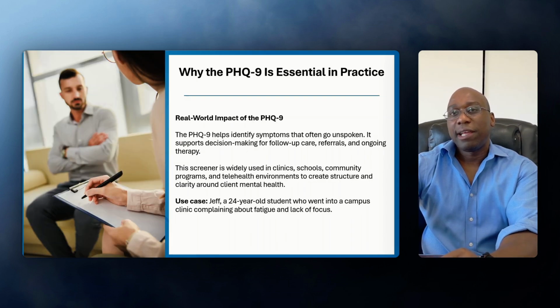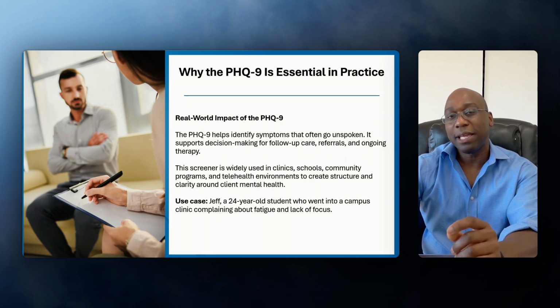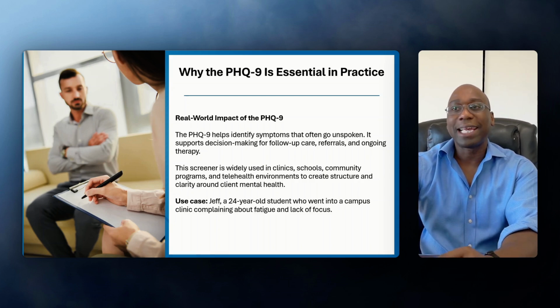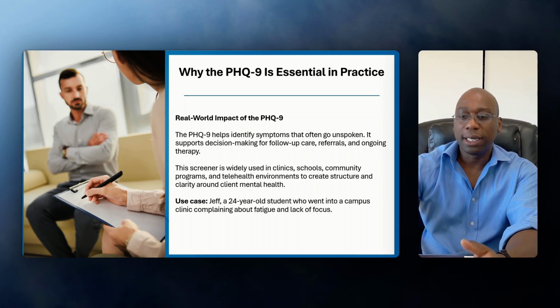Let me share a quick example of how the PHQ-9 screener can make a real difference. Let us take an individual by the name of Jeff. Jeff is a 24-year-old college student who went into a campus clinic complaining about fatigue and a lack of focus.